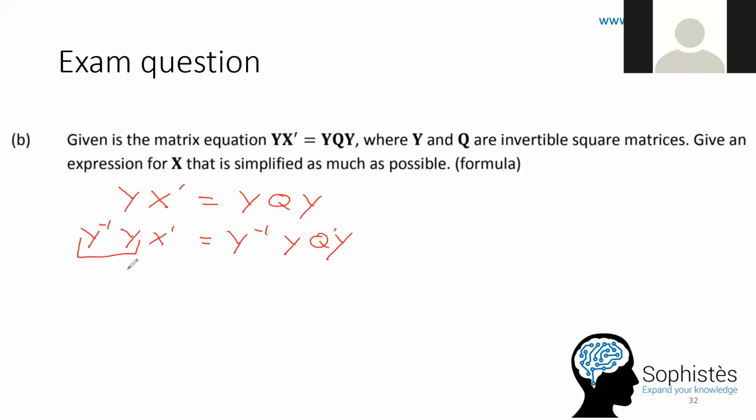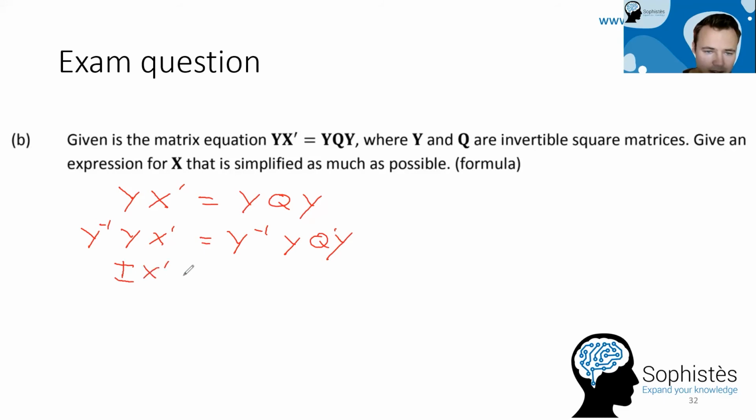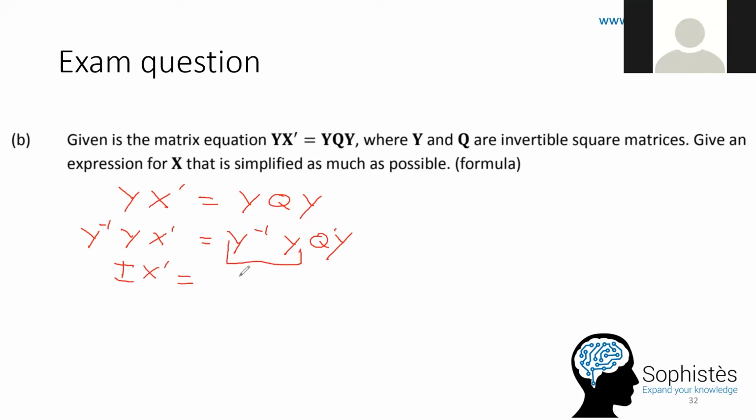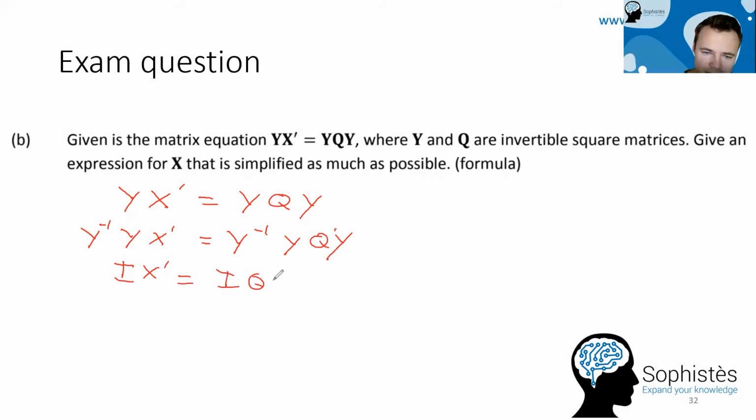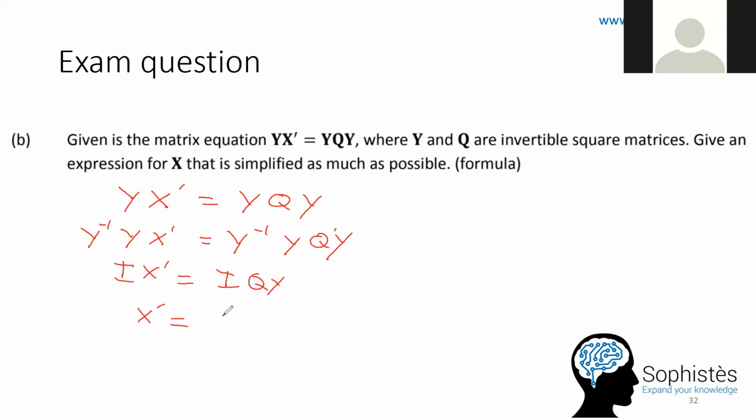It becomes the I. And those two, sorry, as well. And if I have I times x, that will be? X prime, yes. Yeah, sorry. No worries. And this will be QY.